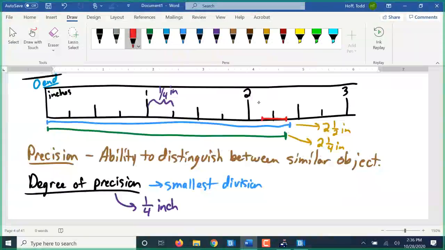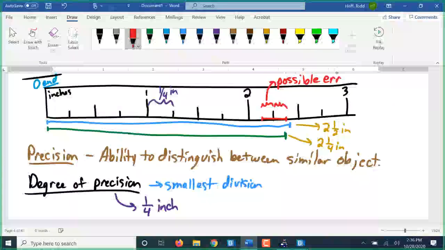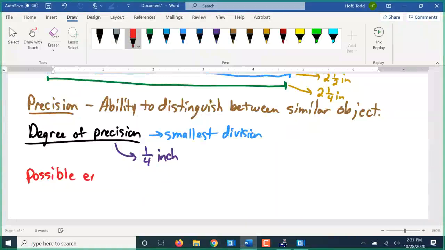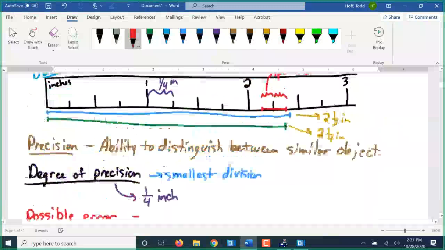Well, that distance on either side is called the possible error. So the possible error in a measurement is always equal. You can see it goes halfway to the next division.